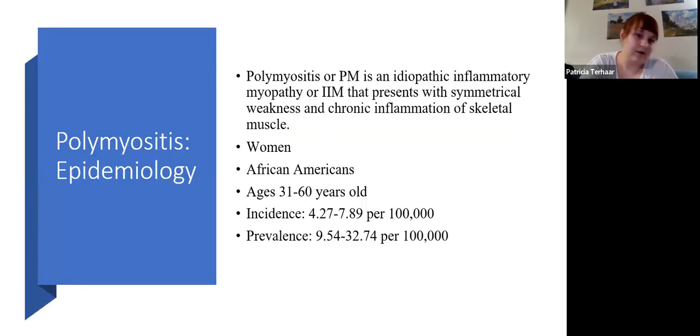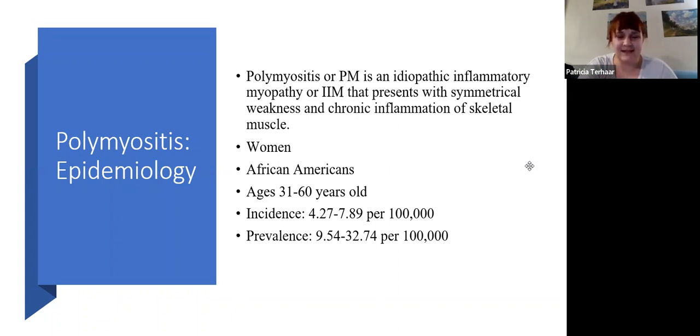So we're starting off with polymyositis and the epidemiology. Polymyositis, or as I'll sometimes refer to it, PM, is an idiopathic inflammatory myopathy, or IIM, that presents with symmetrical weakness and chronic inflammation of skeletal muscle.